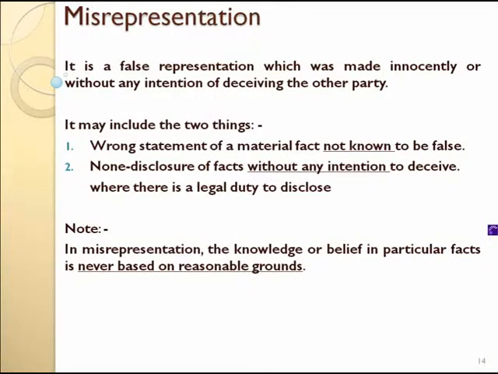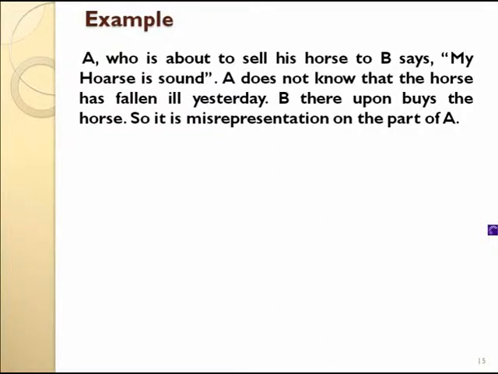Now what are the examples of misrepresentation? Suppose A, who is about to sell his horse to B, says my horse is sound, and at that time A doesn't know that the horse had fallen ill yesterday, and B thereupon buys the horse. So it is misrepresentation by A, because A did not know that his horse was not well, and he asserted that his horse is sound.